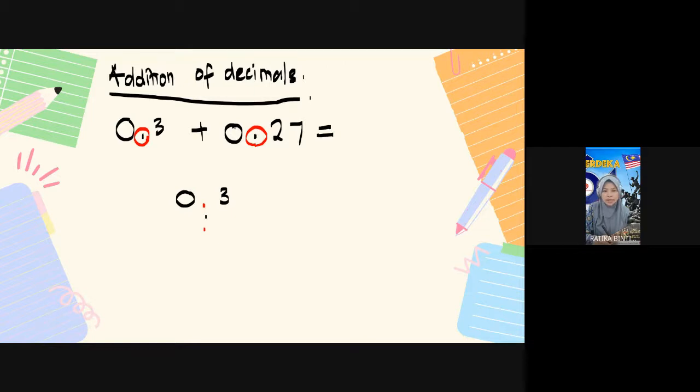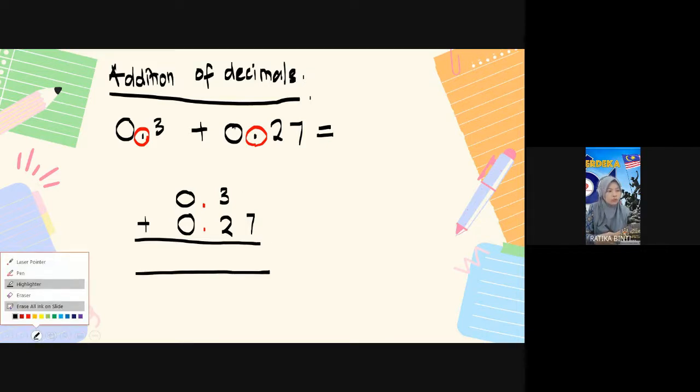Okay, decimal point. Saya dah letakkan decimal point dalam satu garis lurus. In one straight line. The decimal point must be in one straight line. So, the next one is 0.27 plus. Okay. Kalau ada tempat kosong yang lain tu, what do you need to do is you just add 0.